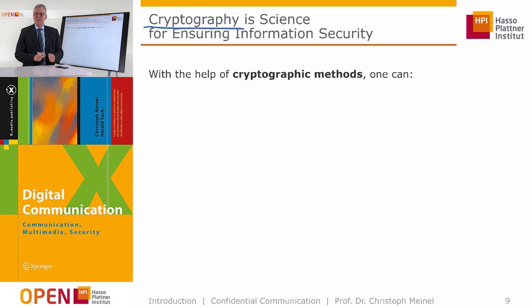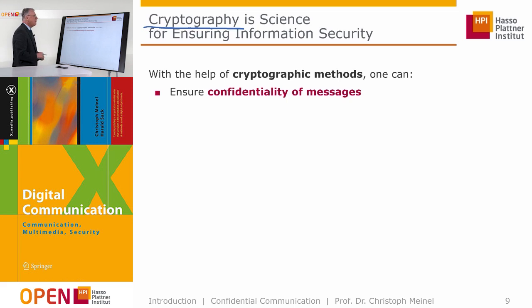Also, the Romans used encrypted messages to secure confidentiality. But by means of the new technology, the need for methods from cryptography has very, very much increased. So with the help of these cryptographic methods, one can ensure the confidentiality of messages.